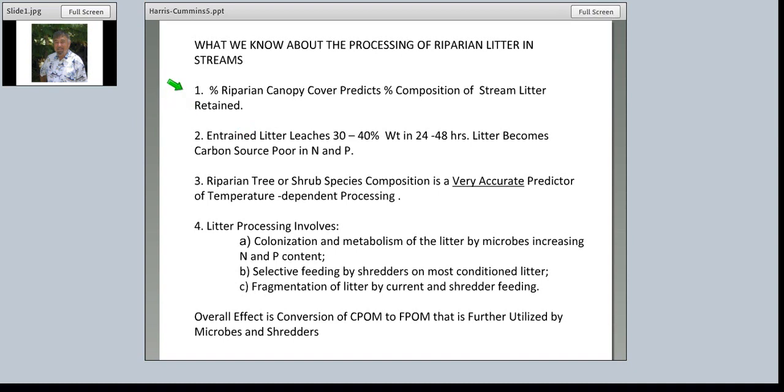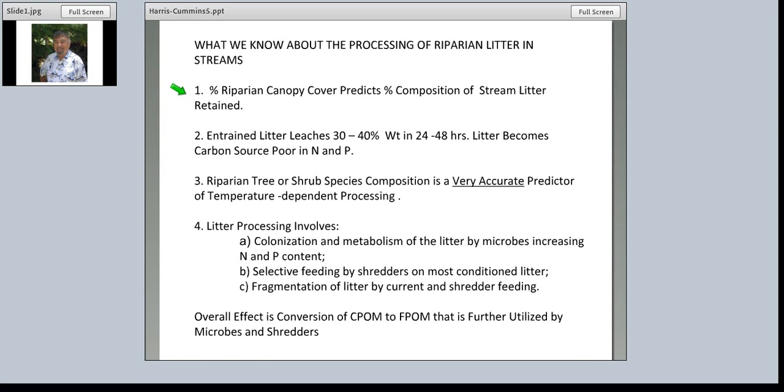What do we actually know about the other side of the PR, the R part, the litter part? A number of things. There have been studies going on this part of the story probably for 40 or 50 years now. You measure the percent riparian canopy cover by different tree species in the riparian.